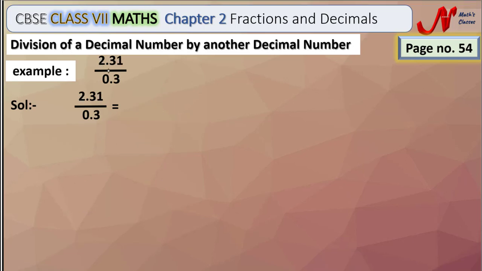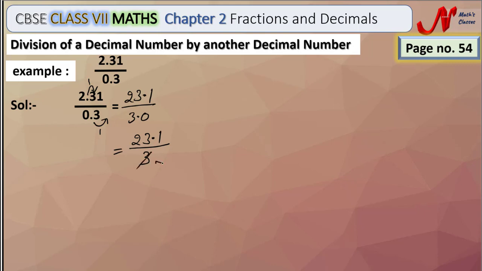Now we find the value of 2.31 divided by 0.3 in a shortcut way. To find this one, we shift the decimal point one place to the right in the denominator, and shift the decimal point one place to the right in the numerator also. Then it can be written as 23.1 by 3.0. 23.1 is the same as it is, 3.0 can be written as 3.